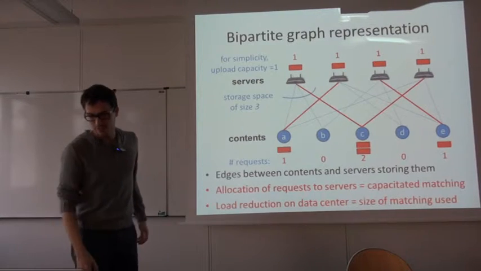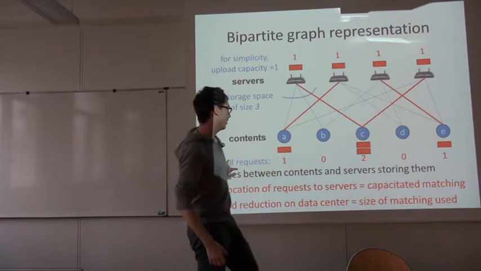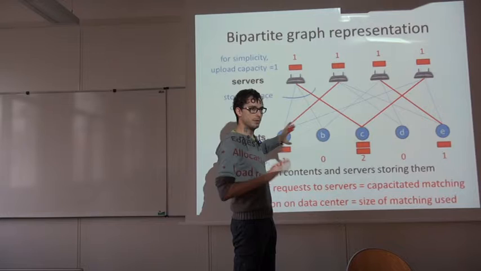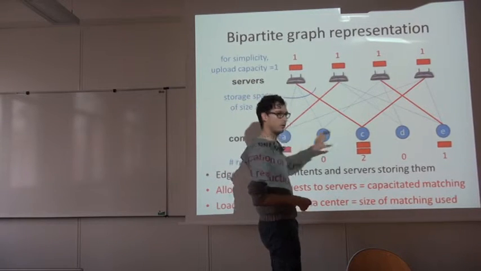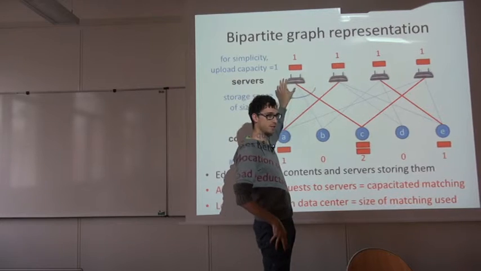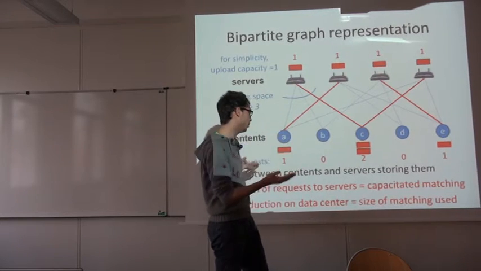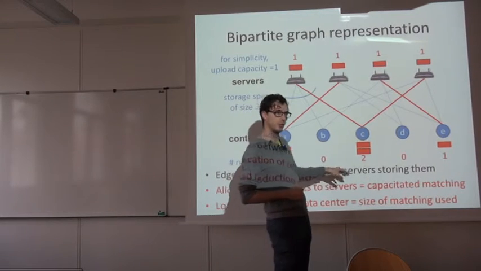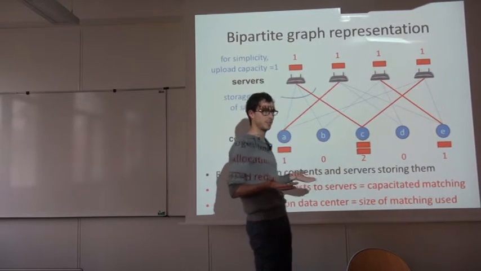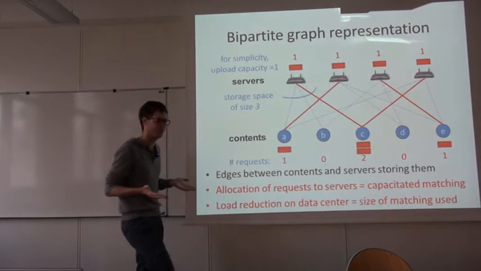And then you can see very easily that if at one time instant I am serving those requests using some of these gateways, the allocation of the requests to servers is simply a capacitated matching of the graph that I defined.